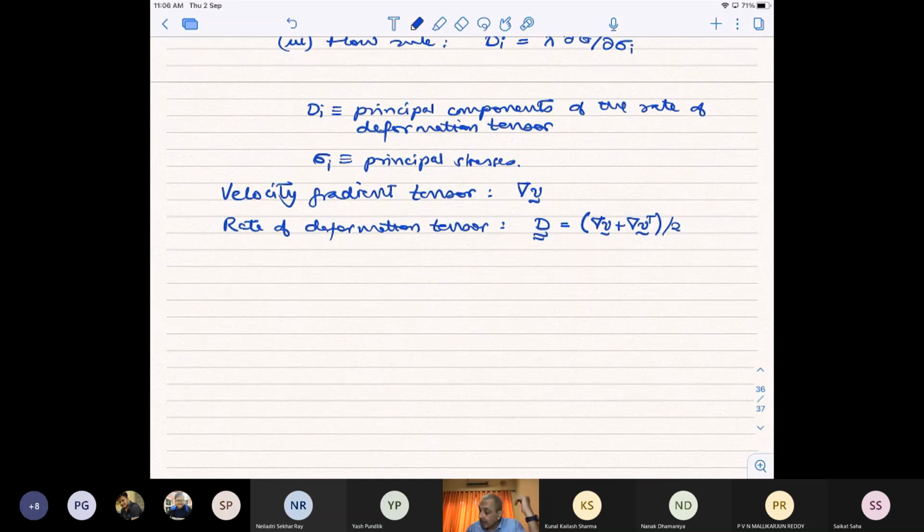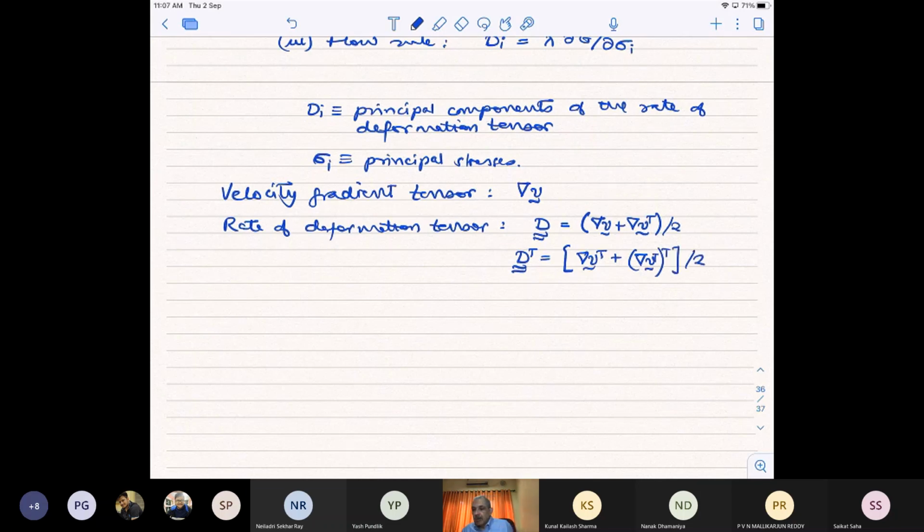You can see from this itself that d transpose is just equal to gradient of v transpose plus gradient of v transpose transpose divided by 2.